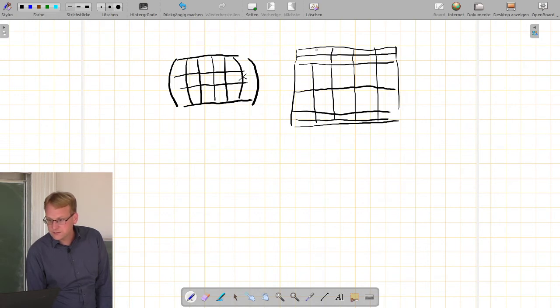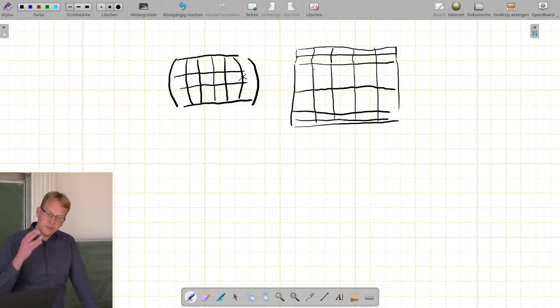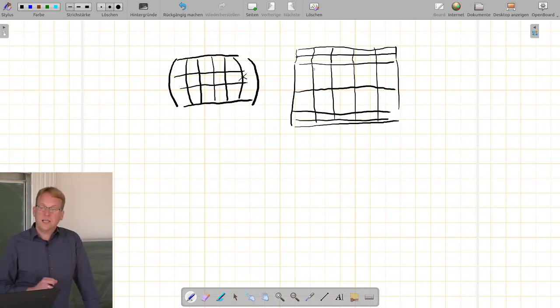So that is now a cylindrical map projection, because we have vertical lines representing meridians, horizontal lines representing lines of equal latitude, not necessarily uniform spacing between the lines of equal latitude, but uniform spacing between the lines of equal longitude, so between the meridians. There we have uniform spacing.